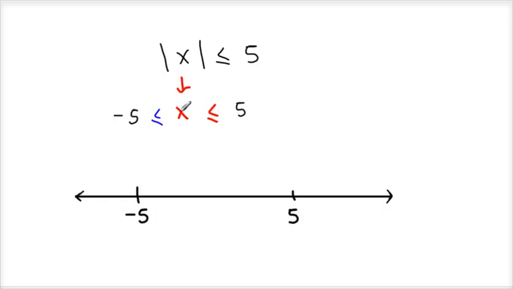If you read this backwards, x is greater than or equal to negative 5. So we have a closed circle here, greater than or equal to negative 5, moving to the right. And on the other side we have x is less than or equal to positive 5, so another closed circle, moving to the left. So these two will overlap. Our solution set is between negative 5 and 5, and negative 5 and 5 are inclusive in the set.